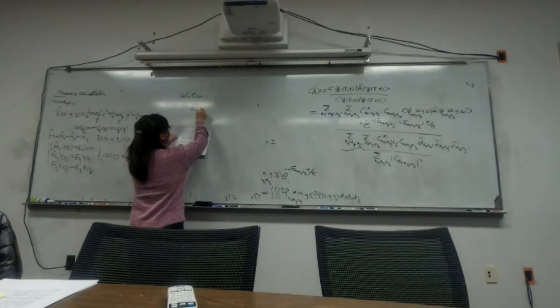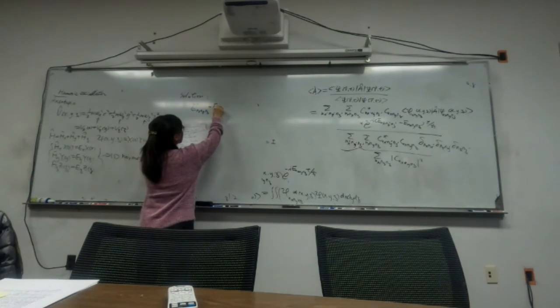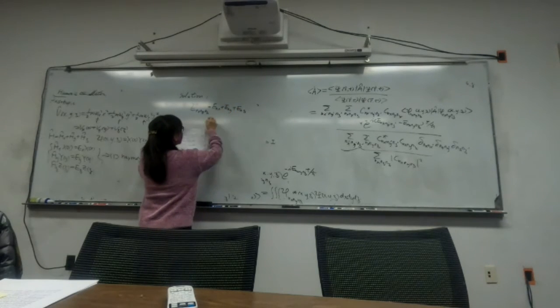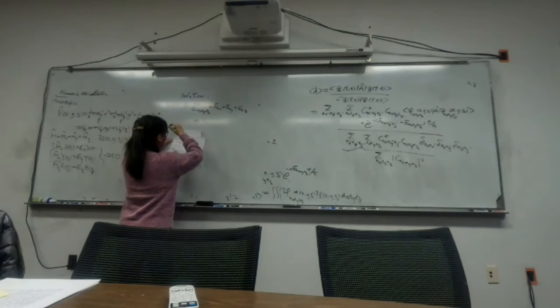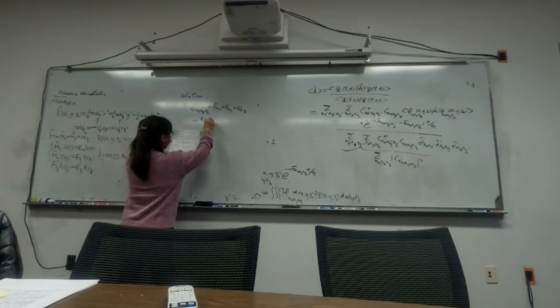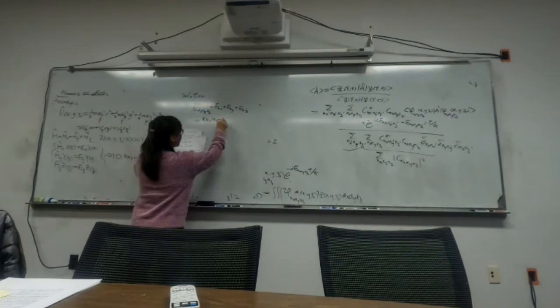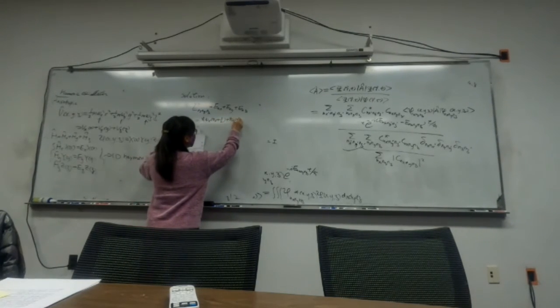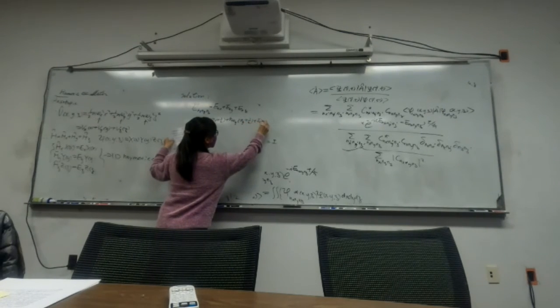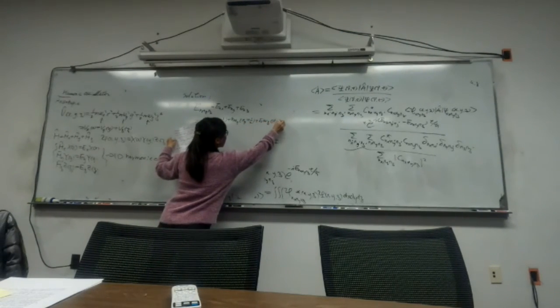Three quantum numbers, E nx ny nz equals h bar omega x, nx plus half, plus h bar omega y, ny plus half, plus h bar omega z, nz plus half.